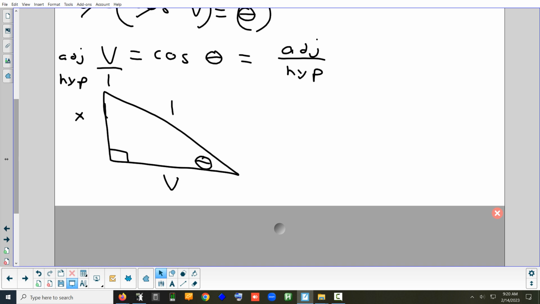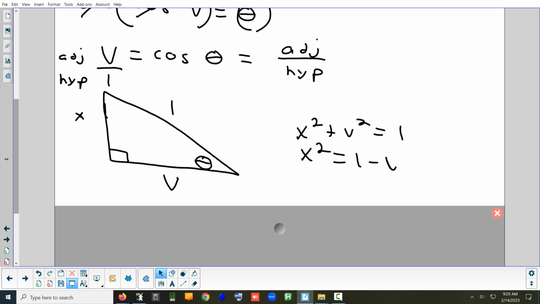Can you set up the Pythagorean theorem for me with those three things? Yeah, x squared plus v squared equals 1 squared. Now solve that for x. You're going to have a formula right here for this side based off of the 1 and the v. So let's solve for x.